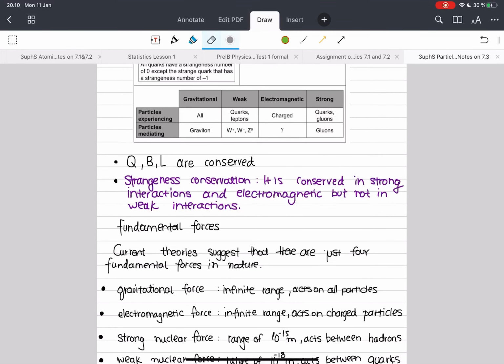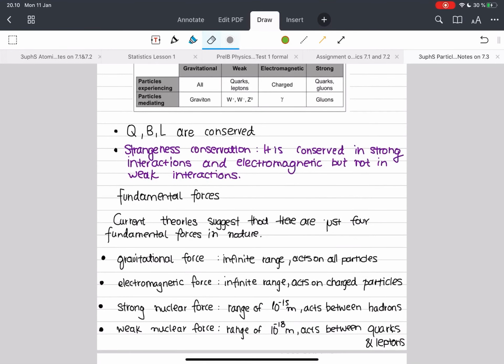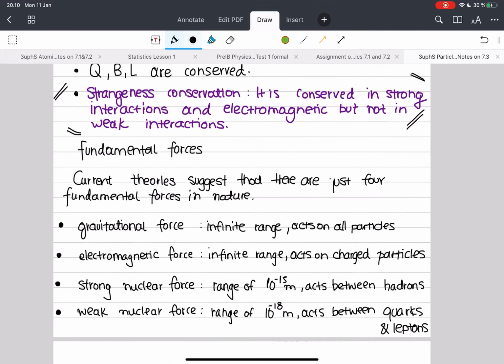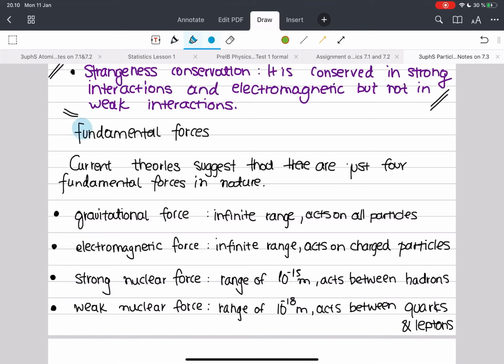So when you have a reaction, the Q, the charge, the B, the baryon number, and the L, the lepton number, are always conserved. There is something that we call strangeness, but I will not get into that yet, maybe at some point if we meet it in a question. And the thing is that we know of some fundamental forces in nature.